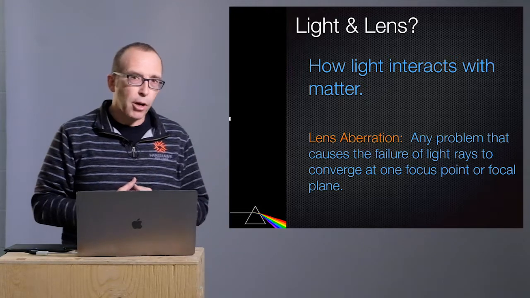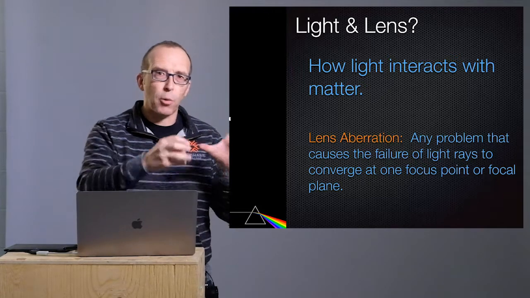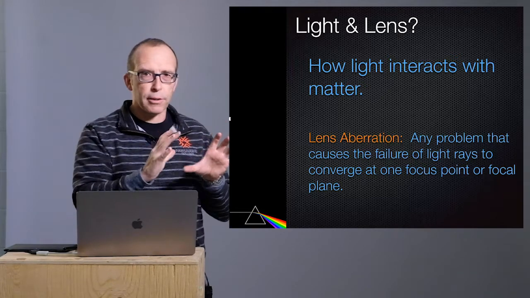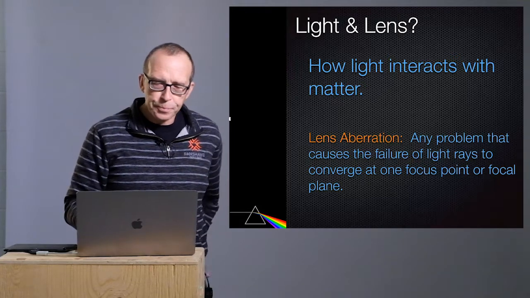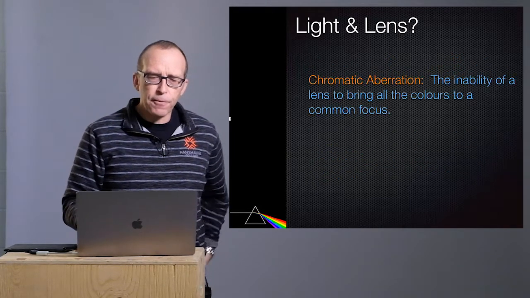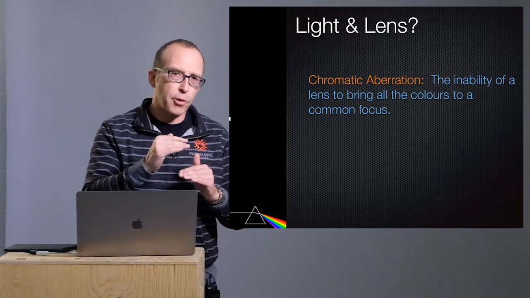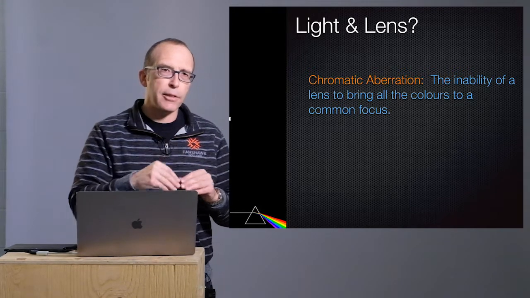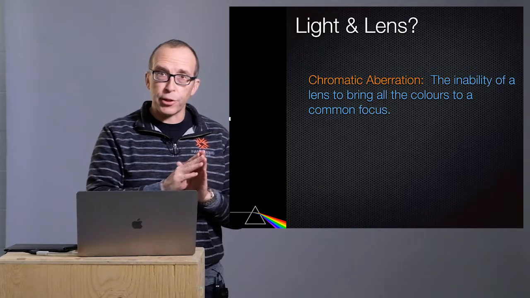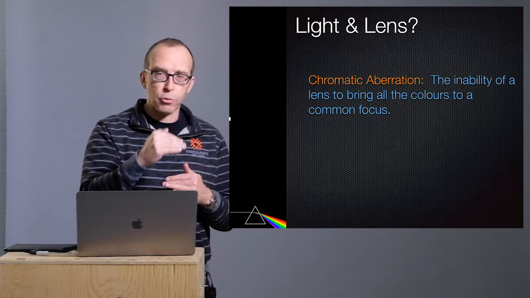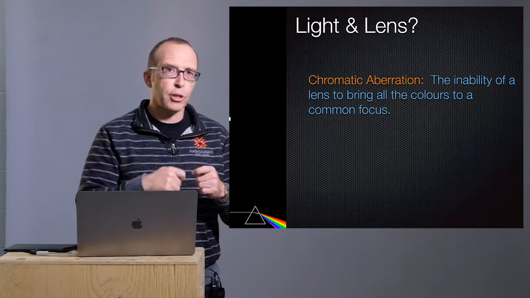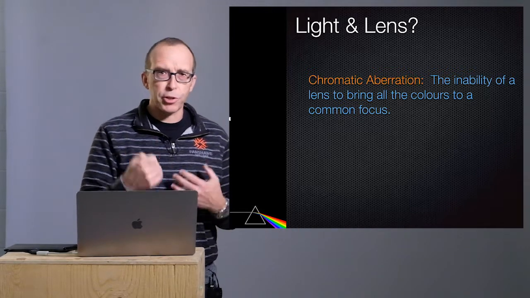Typically when we talk about lens aberrations, we're talking about problems with the design of the lens, or the shape of the lens. There's a bunch of these aberrations. We're going to just talk about the most common ones, the type you'll usually read about if you're reading a review of a lens, or somebody's blog where they're talking about lenses.